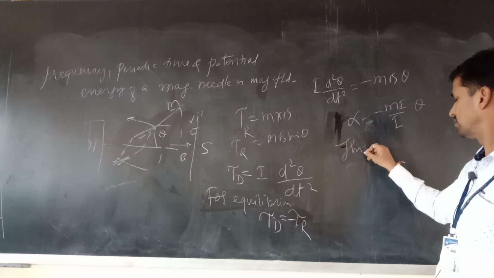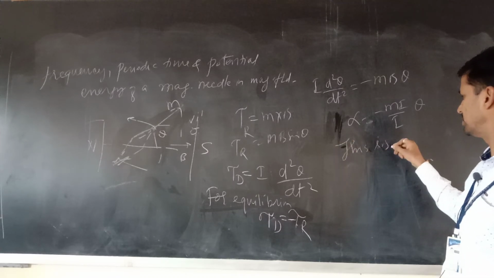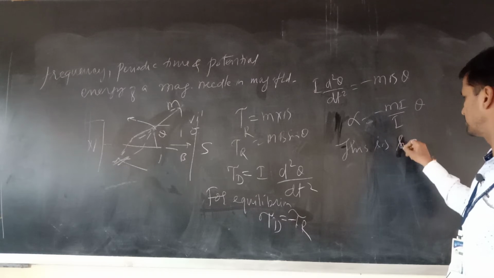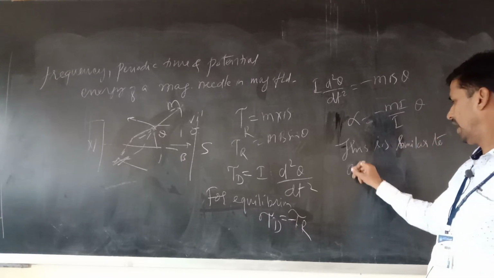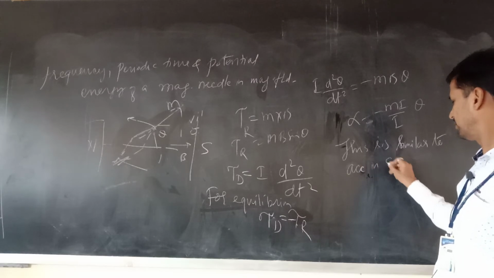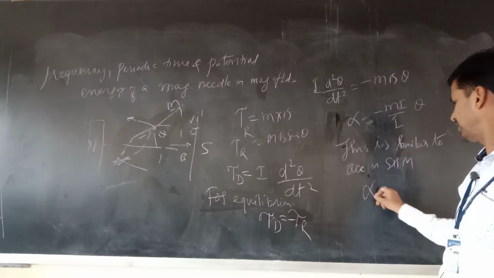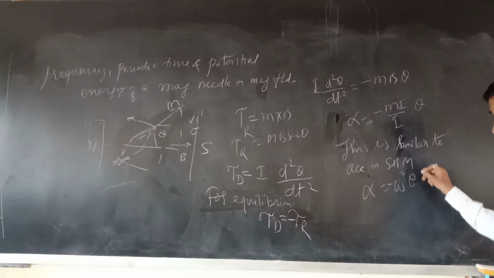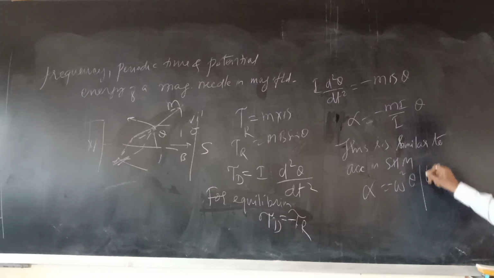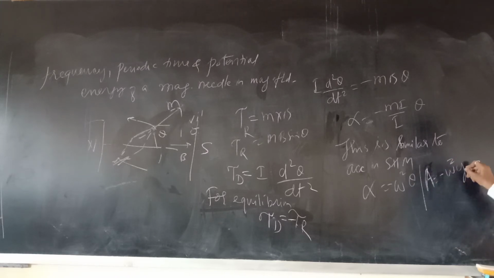This is similar to acceleration in SHM, that is, alpha is equal to minus omega square theta, which is similar to acceleration a is equal to minus omega square y.